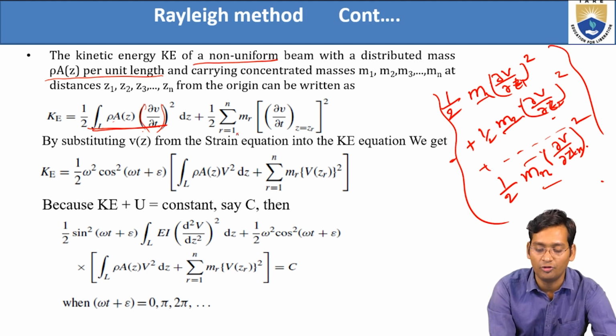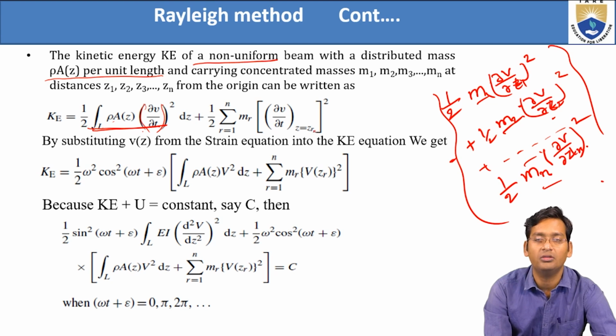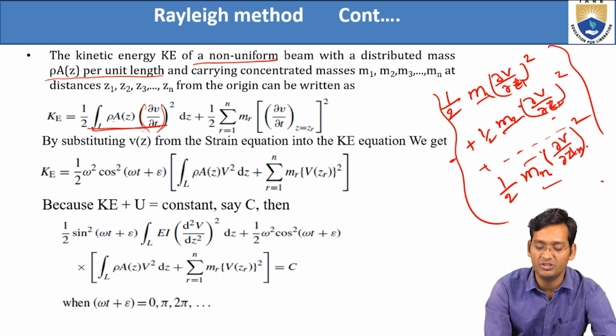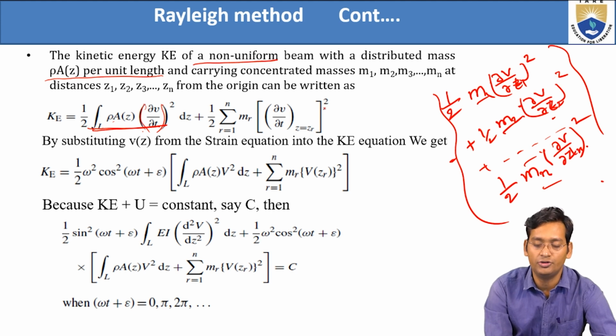Now put in the value of r. When r is 1, it is m1 into del v by del t at z equals z1, whole square. That is the kinetic energy because of the first mass. Then put r equals 2, that is for the second mass: m2 into del v by del t at z equals z2, whole square.